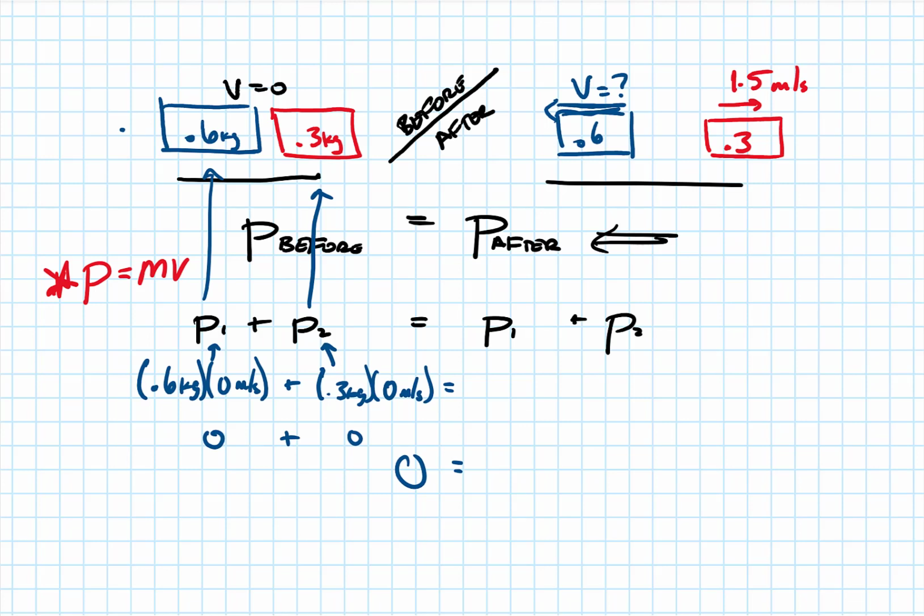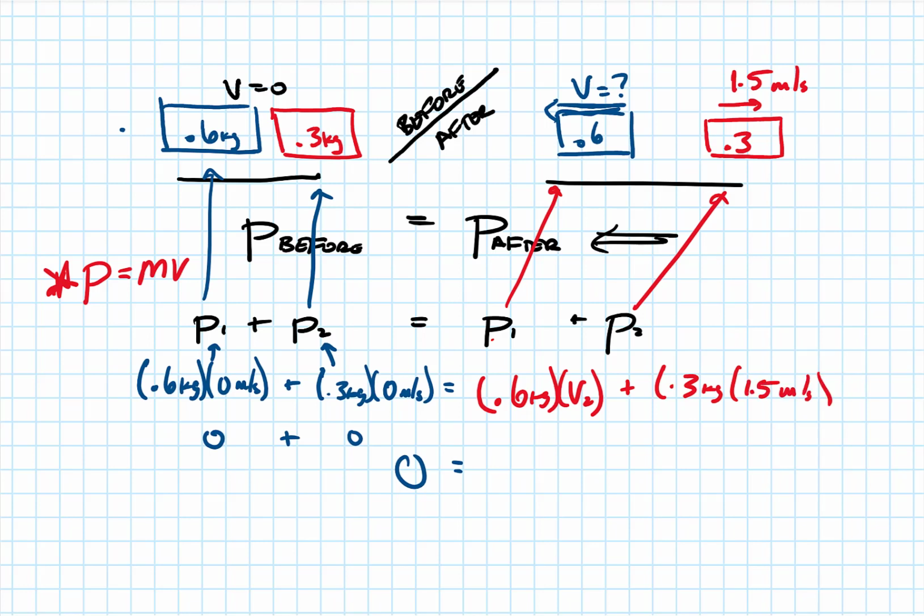Then we need to look at what's going on afterwards. So for object 1 afterwards, we have 0.6 kilograms times velocity 2. We don't know what that is. That's unknown. Plus the momentum of object 2 afterwards, 0.3 kilograms times 1.5 meters per second. So we're going to have 0.6 times V2 plus, and 0.3 times 1.5 is plus 0.45 kilogram meters per second.